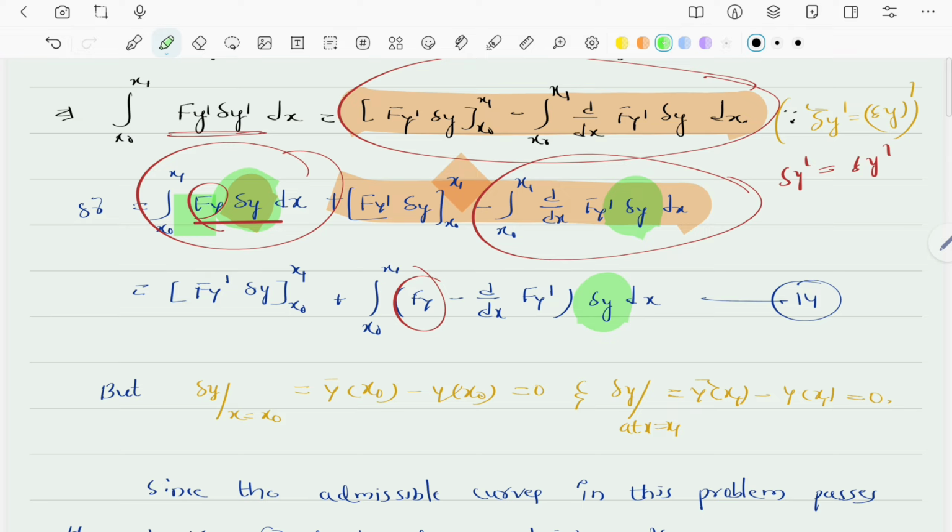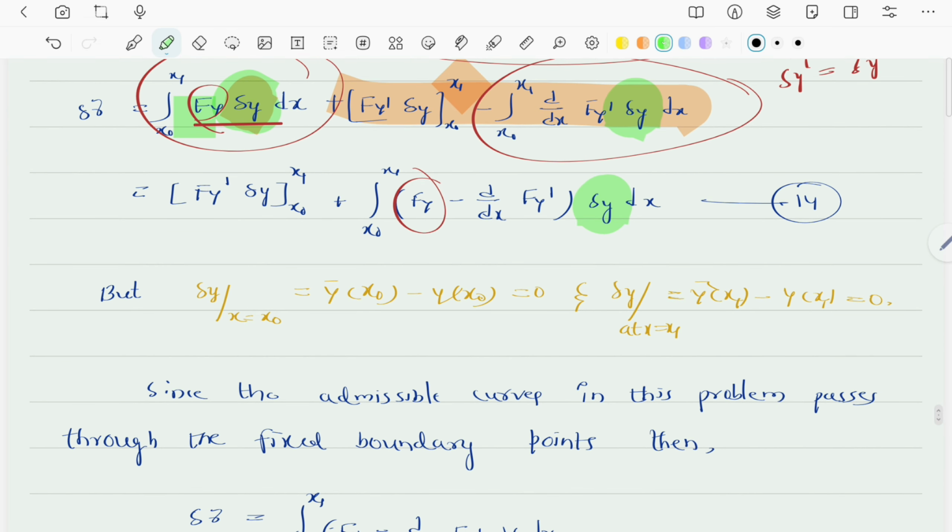But also we know that the variation at x equal to x0 is y bar of x0 minus y of x0, which is equivalent to 0, by the concept. Therefore delta y at x equal to x1, y bar of x1 minus y of x1, is also equivalent to 0.